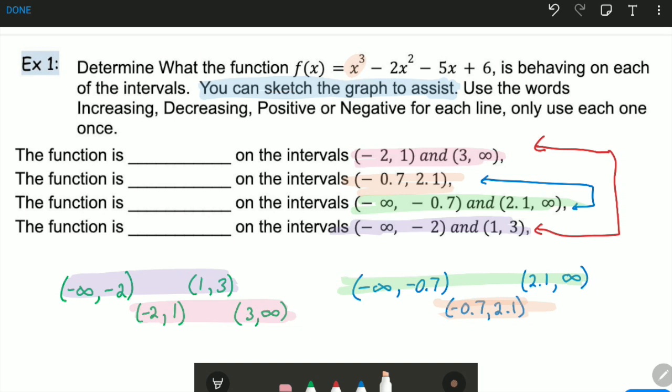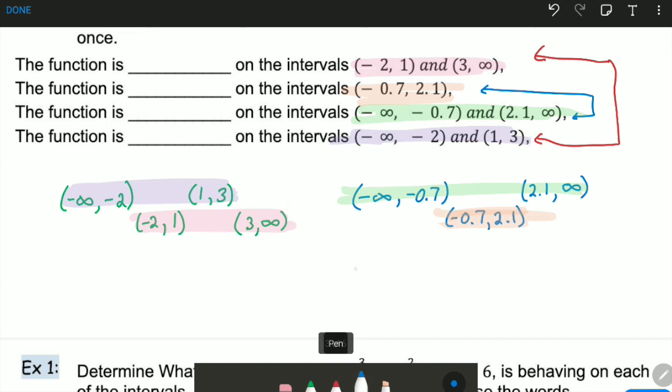So end behavior for this function, since it's an odd degree function, I know one side is going to go up and the other is going down. And because the leading coefficient is positive, I know that the right side is going to be going up and the left side is going to be going down. Which means I can figure out the intervals that deal with infinity, because one of the intervals will be going to positive infinity and one of them will be starting at -infinity.